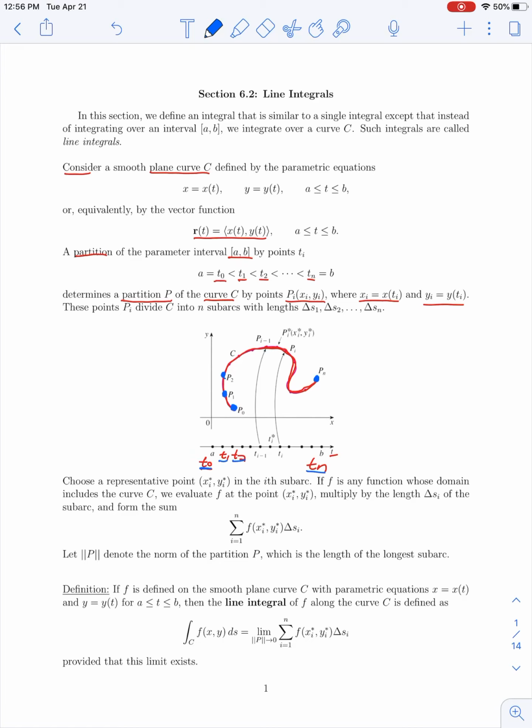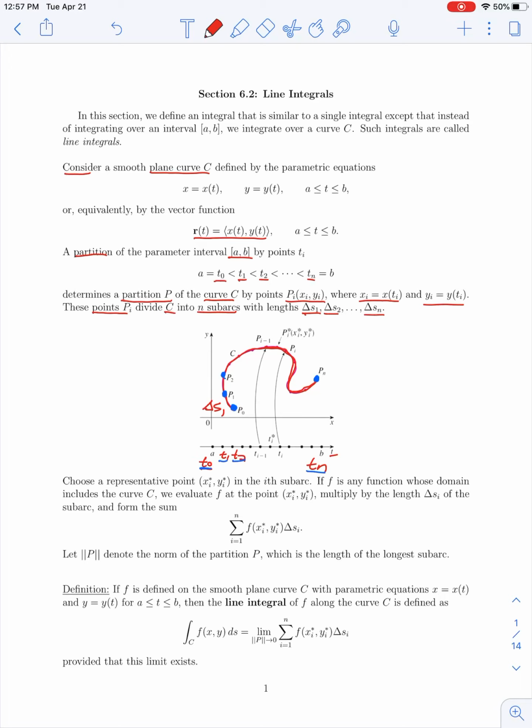So these points, which we are working with, P sub i, divide our curve C into n subarcs, and the lengths of these subarcs we will denote as delta S1, delta S2, up through delta Sn. So the length of this first subarc from point P0 to P1 would be delta S1.